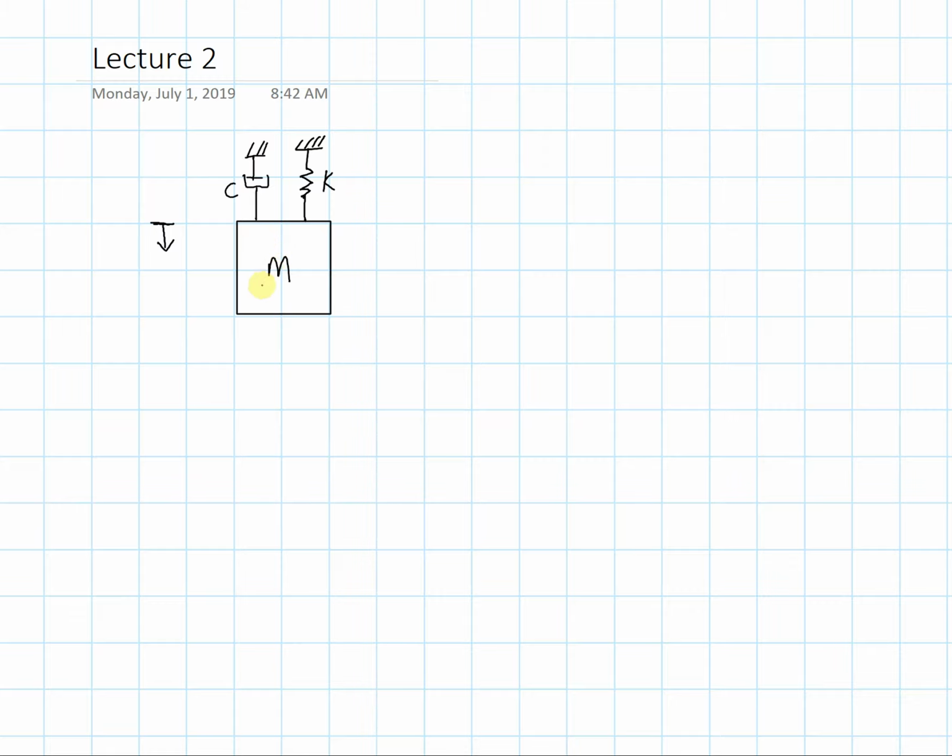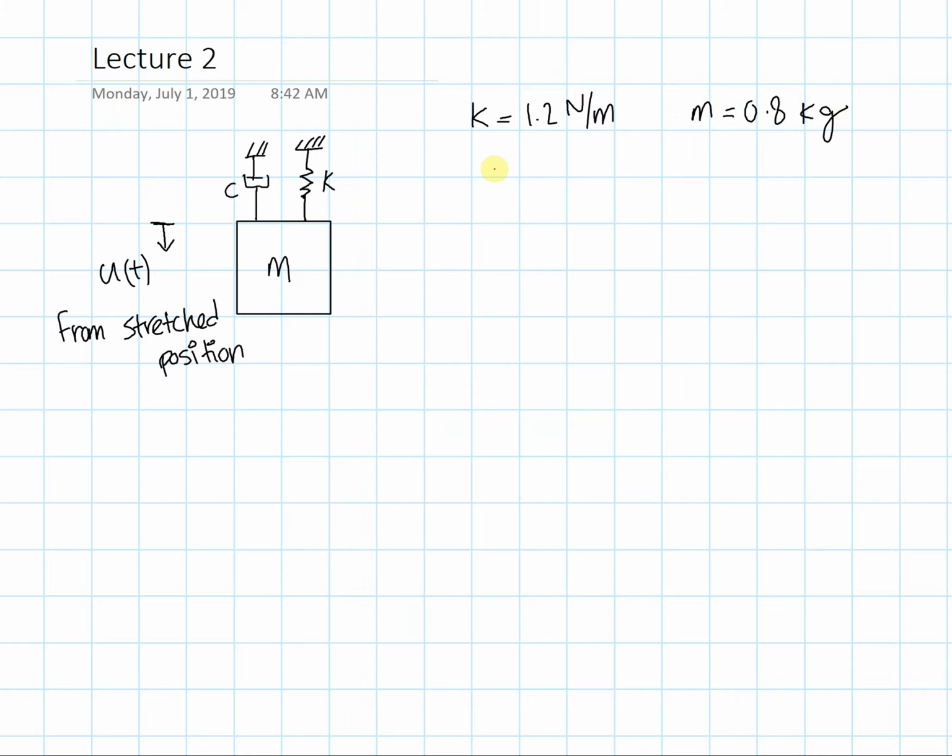So that's really what we have. u of t is measured from the stretched position, so let's keep that in mind. The parameters we have are k equal to 1.2 newtons per meter, m equal to 0.8 kilograms, and zeta equal to 0.1.